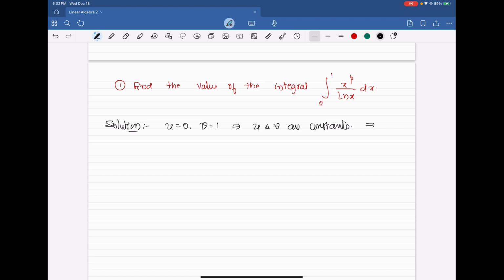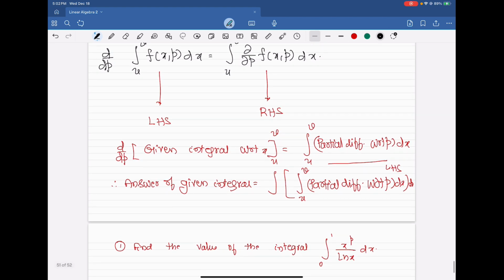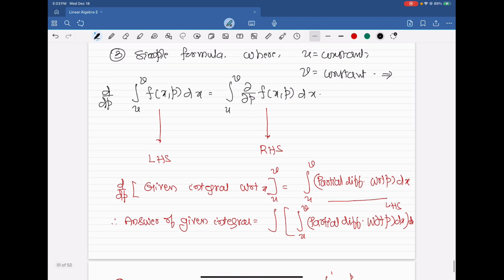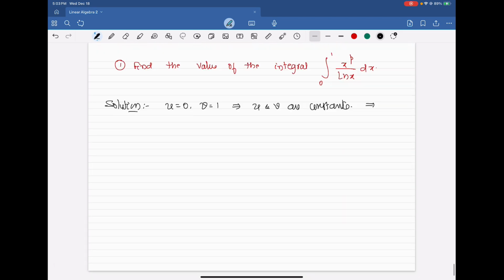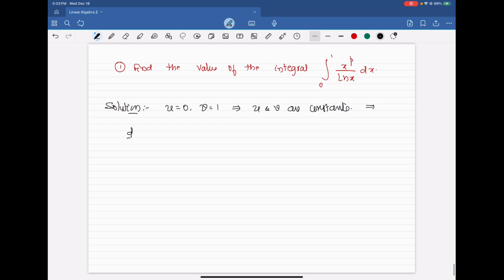Which formula to be used? If the limits of an integral are constant, we have to use the simple formula d by dp of integral a to b function xp dx is equal to integral a to b dou by dou p of function xp dx.